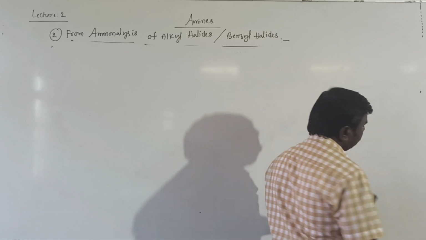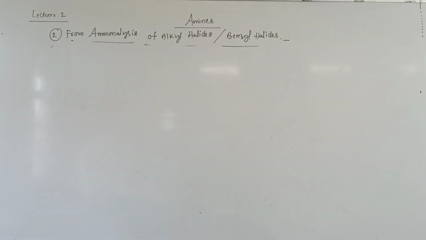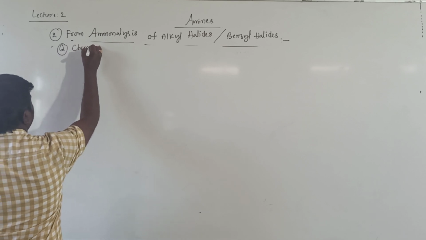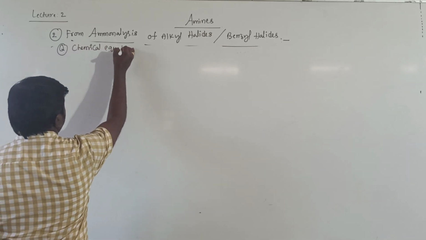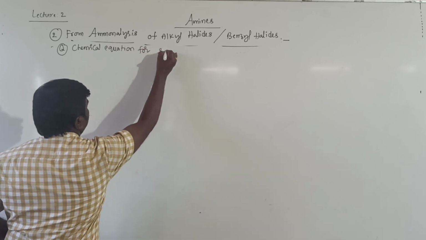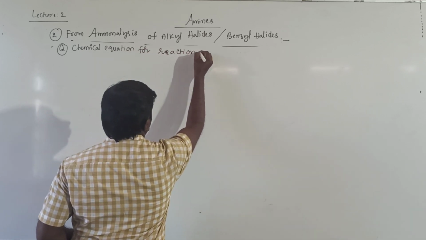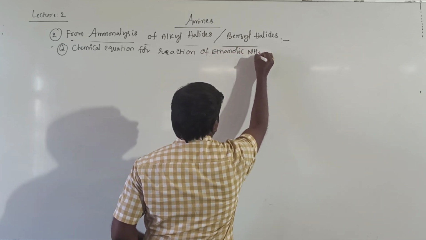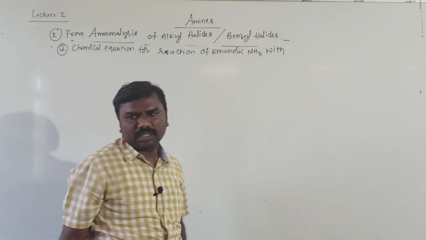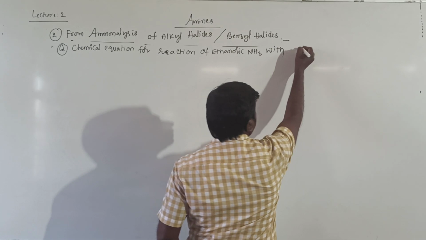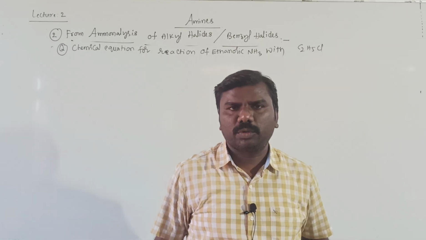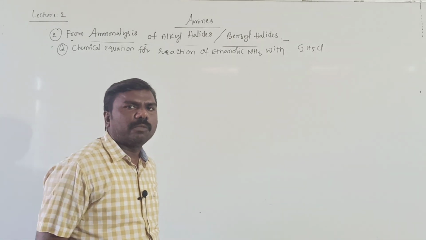Write the chemical equation for the reaction of ethanolic, alcoholic NH3 with C2H5Cl. They didn't mention whether it is a small amount or excess amount. You have to write the whole reaction.